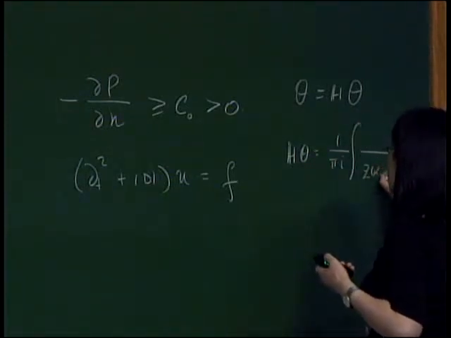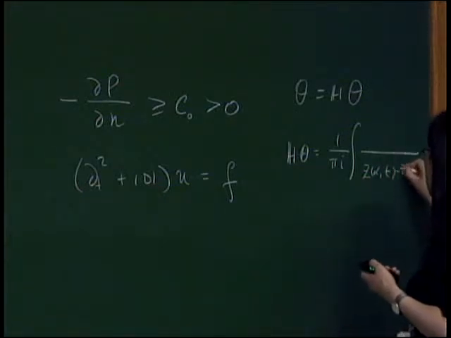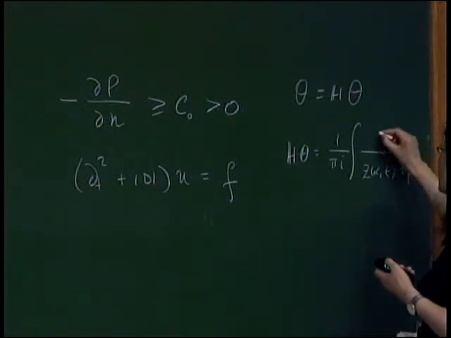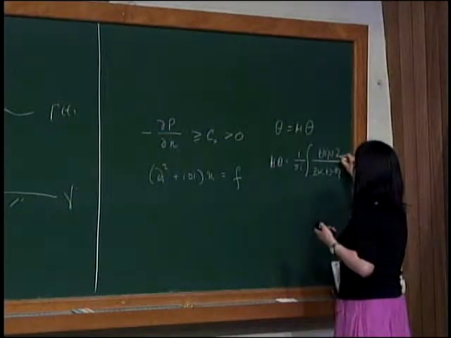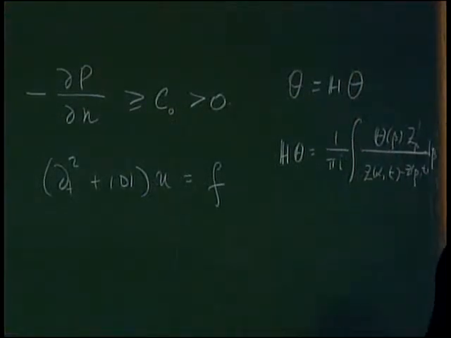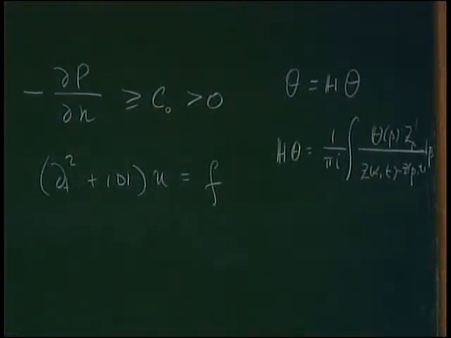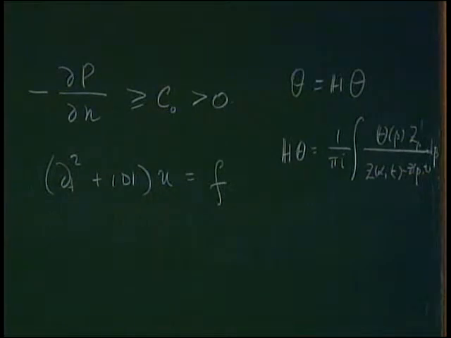The free surface is in the bottom. Okay, so this is really a nonlinear operator. Okay, so there's a nonlinearity embedded here, but if you understand it, it doesn't bother you.